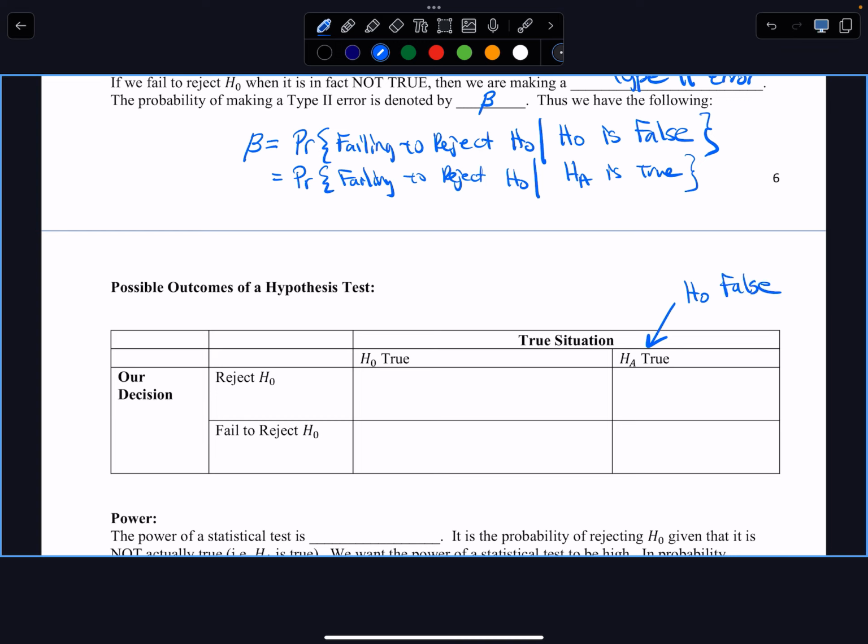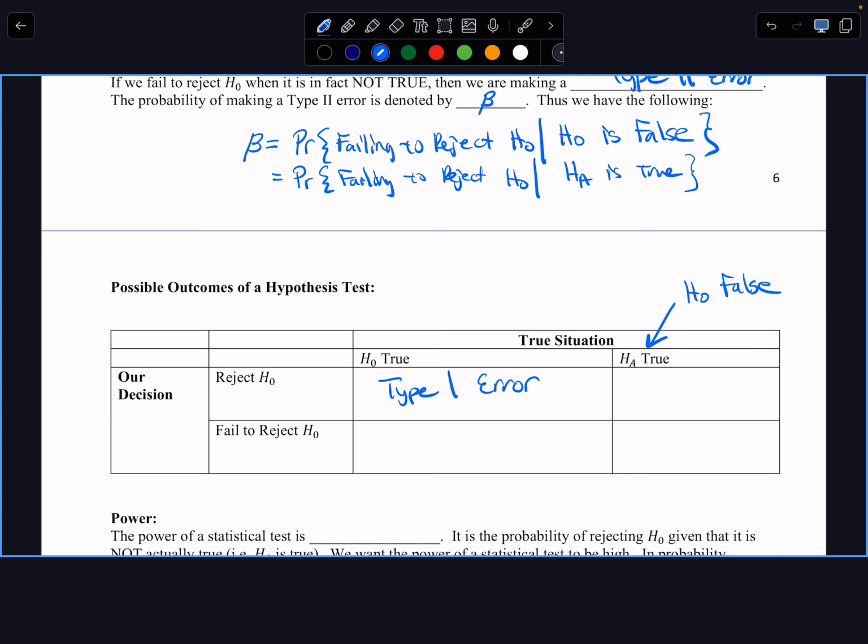Now, when we reject the null hypothesis, when that null hypothesis is in fact true, we don't want to reject the truth. That's the case where we make a type 1 error. So I'm going to fill this box with type 1 error. That's the mistake. If our null hypothesis is true and we end up rejecting, we've made a type 1 error.